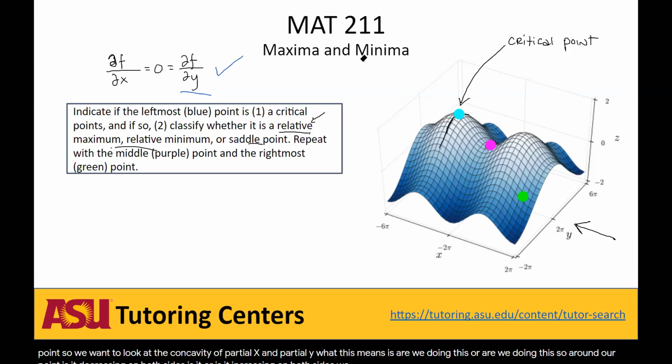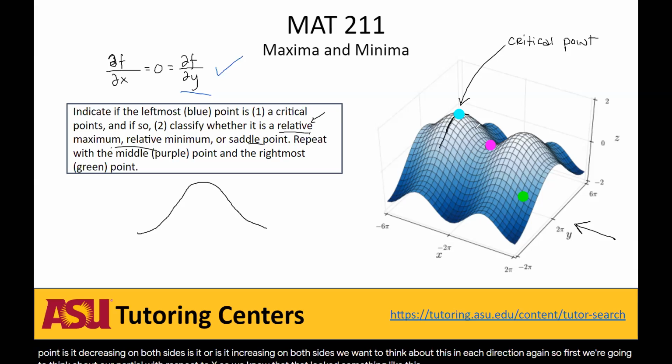So we want to think about this in each direction again. First, our partial with respect to x. We know that it looked something like this, so that's our cross section from this side, and we see that it is negative in this direction. Around this point, I'll draw it in there for reference, it's decreasing on either side.